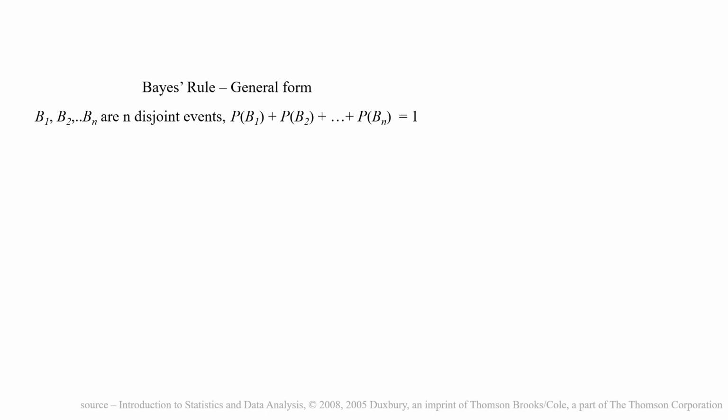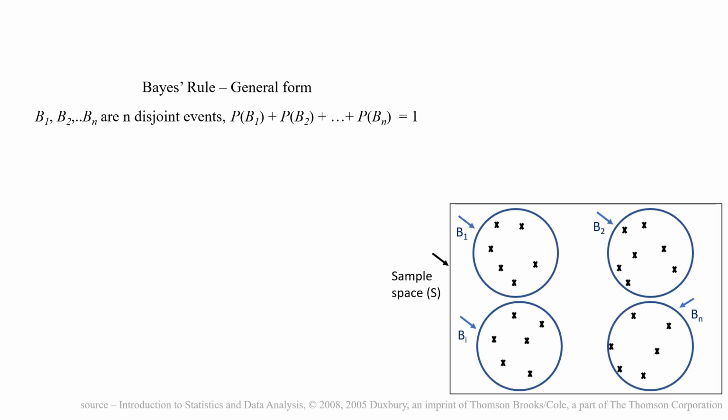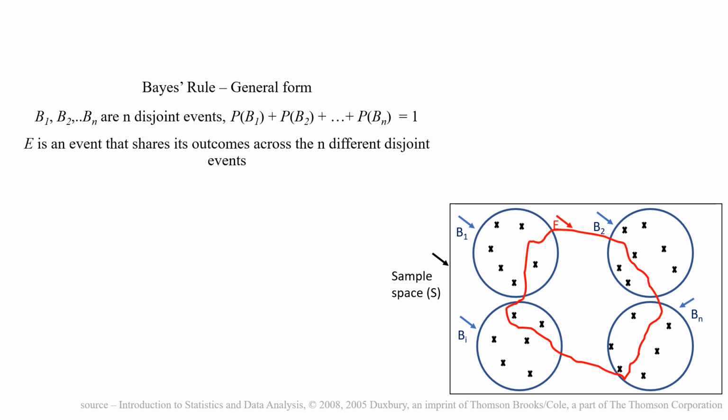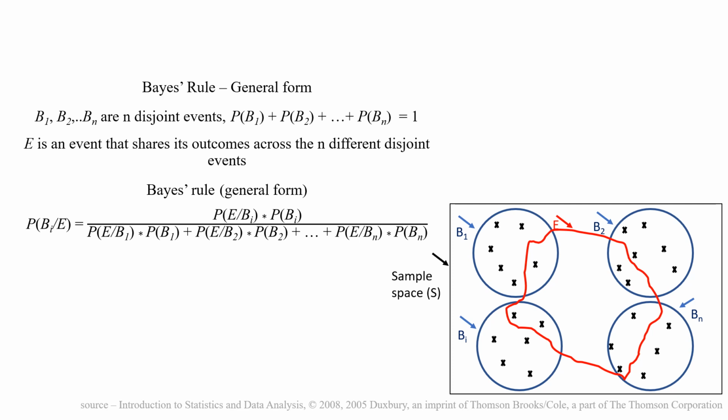Given B1, B2 and so on until Bn are n disjoint events whose total probability of B1 plus probability of B2 and so on until probability of Bn equals 1, and E is an event that shares its outcomes across the n different disjoint events, Bayes' rule in its general form can be written as probability of Bi given E equals probability of E given Bi multiplied by probability of Bi divided by probability of E given B1 multiplied by probability of B1 plus probability of E given B2 multiplied by probability of B2 and so on until probability of E given Bn multiplied by probability of Bn.